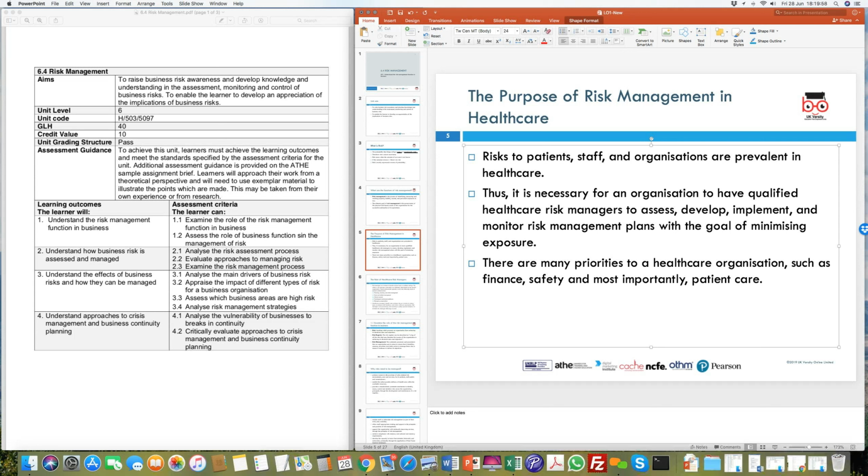Now, if the setup is quite big, there is a particular person in the organization designated as a risk manager, tasked with the main responsibility of assessing, developing, implementing and monitoring the risk management plan. For example, most organizations have a health and safety person, a first aider, a fire marshal.